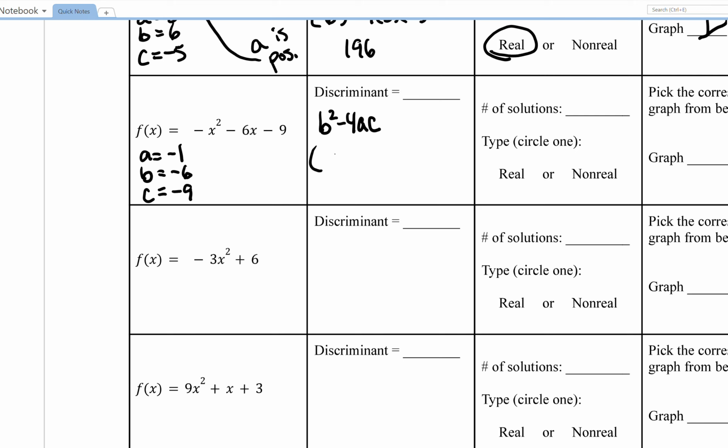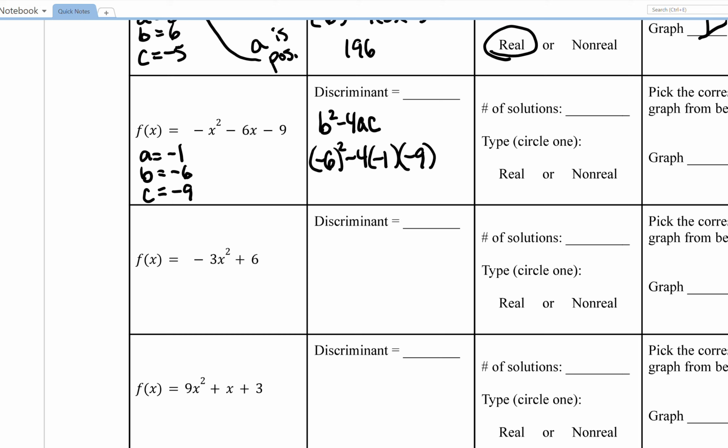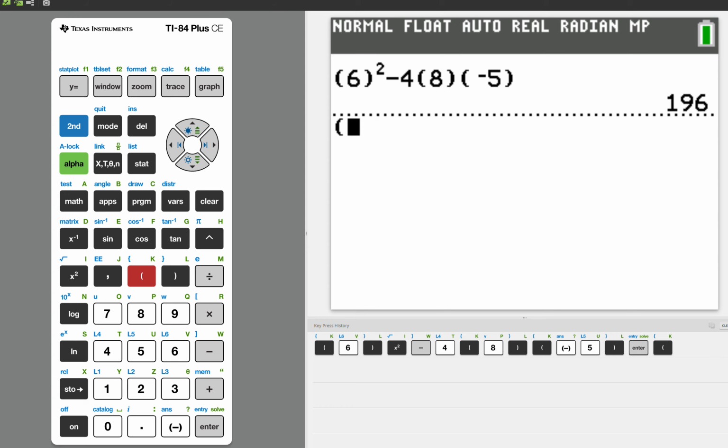So B squared, that's blank squared, that's B, minus 4 times blank, that's A, and then another blank, that's C. And so my B is -6, A is -1, and C is -9. So then I'm going to go back to my calculator, and I've got -6 squared.